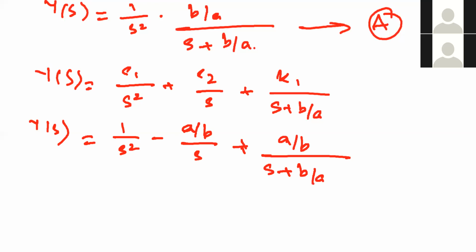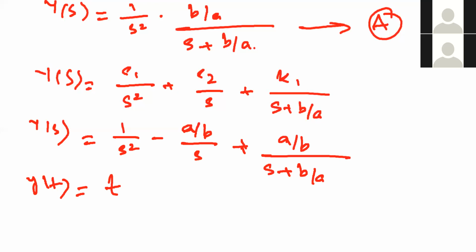And now we can easily find the inverse Laplace transform of this one. Then you will get y(t), which will be equal to t, because the Laplace transform of t is 1 over s square, so the inverse Laplace transform is equal to t.